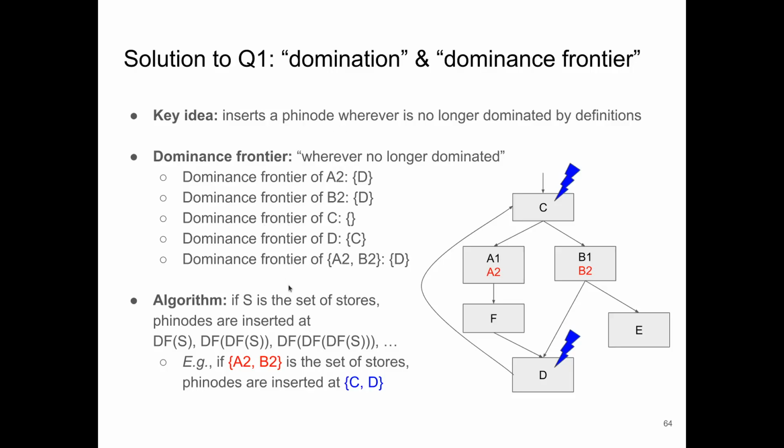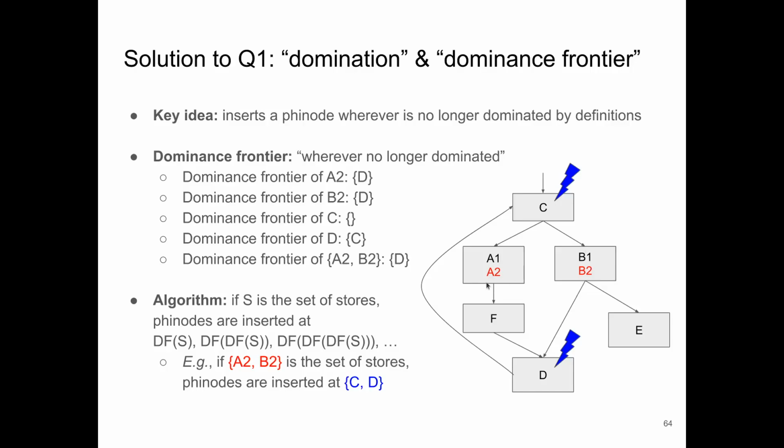And we can also think of the dominance frontiers of multiple locations here. This is basically the union of the dominance frontier of A2 and B2. And in this case, this is just D here, because D is in the dominance frontier of A2, and it is also in the dominance frontier of B2, and there is no other dominance frontier of A2 and B2. You can think of it like this.